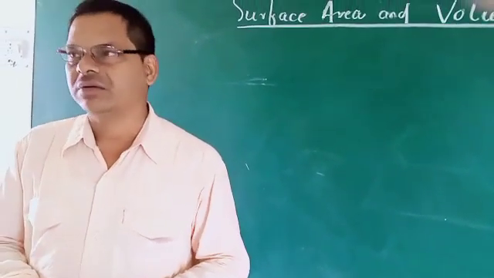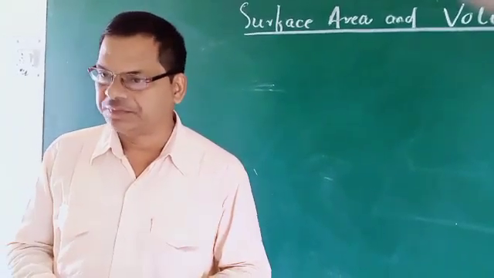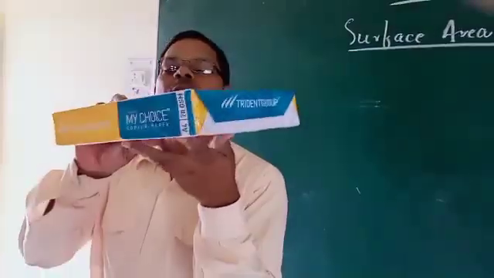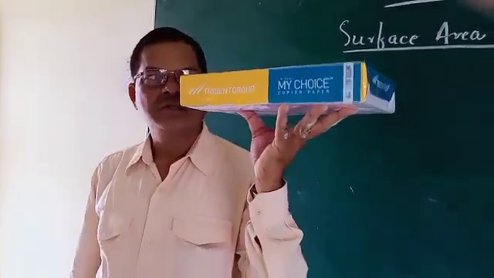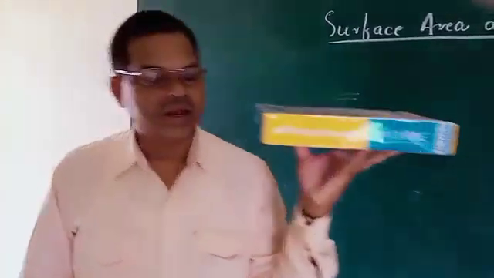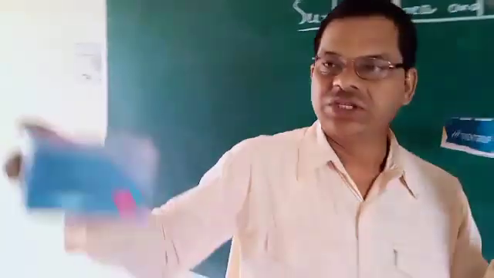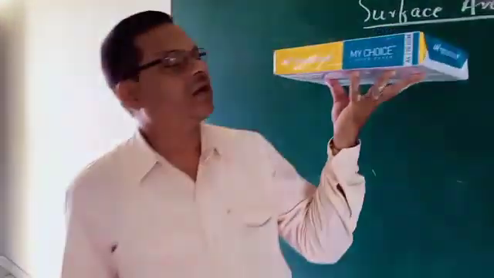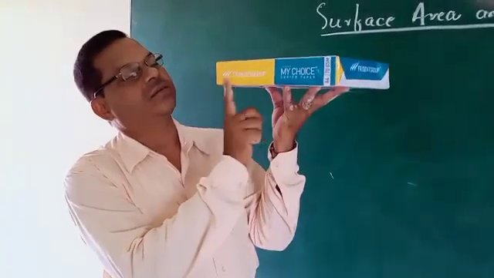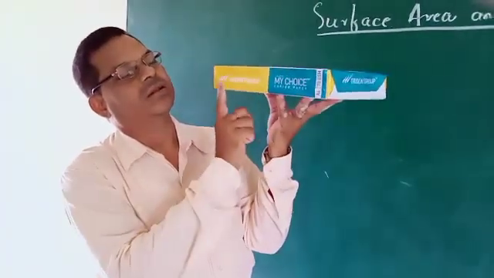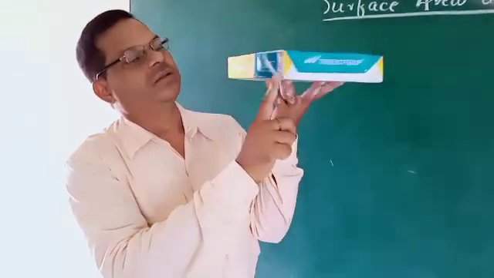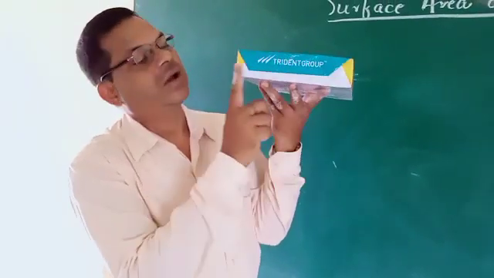Examples of a cuboid are your math book, this packet, this bundle of A4 size papers, and this chalk box. All are cuboids. Here, this is called the length, this is your breadth, and this is the height.